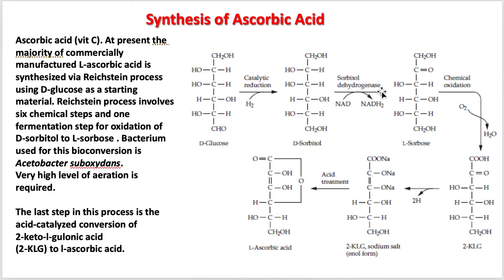Because only one step is done by fermentation, and this fermentation process is expensive because it needs lots of addition. A very high level of addition is required, and as the other steps are done by chemical processes, the total process is costly.